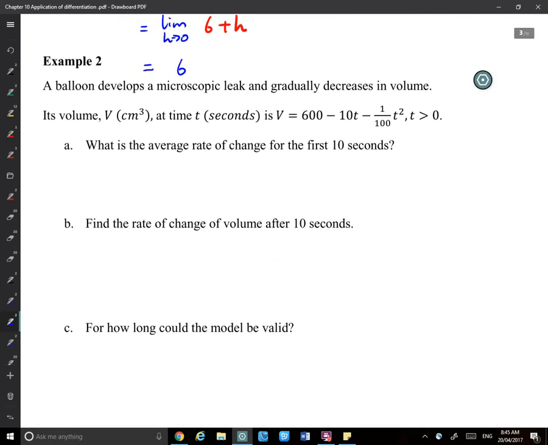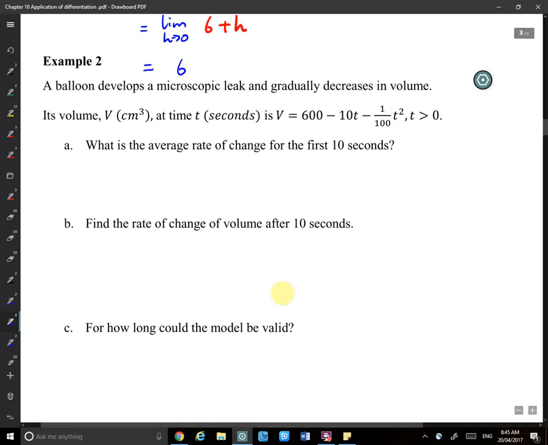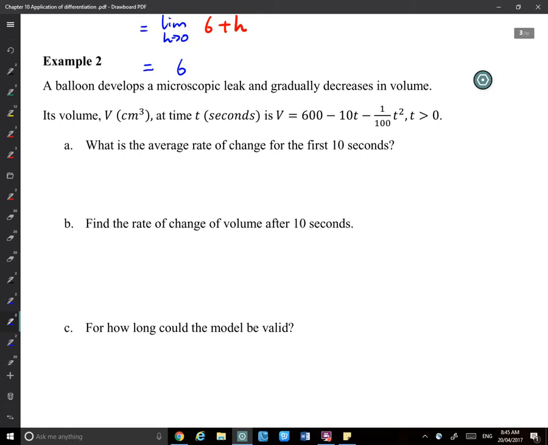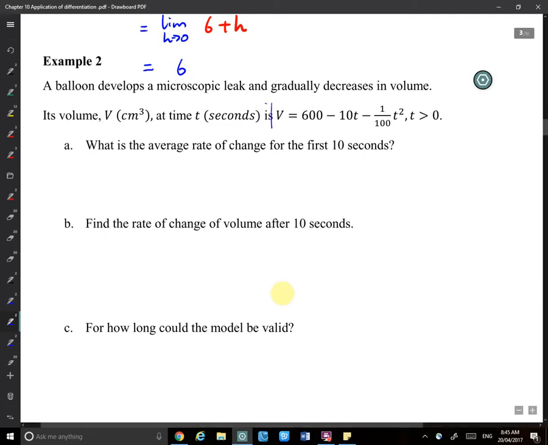A balloon develops a microscopic leak and gradually decreases in volume. So the volume is decreasing. So if you do dV over dt, it must have a negative value. Okay, it's a decreasing value. You have a V-t graph like that, a V-t equation like that.